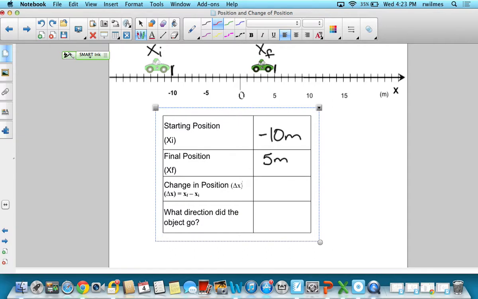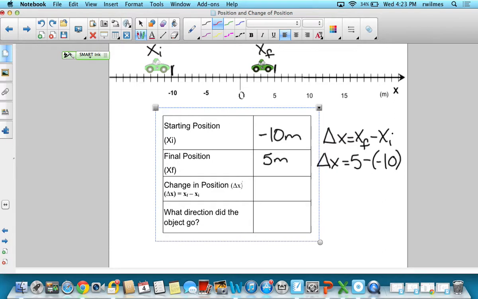Now this is an important case of why it's always important to put xf minus xi and not flip those. Because when you do change of x equals xf minus xi, let's look and see what we got. We have change of x in this situation equal to 5 meters minus -10 meters.